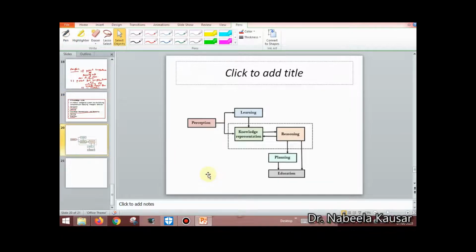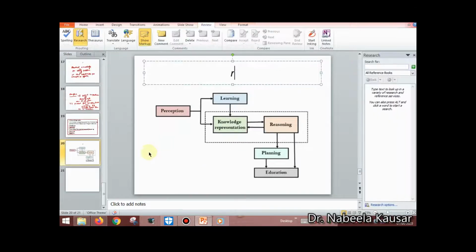This diagram shows the components as discussed in the last class.